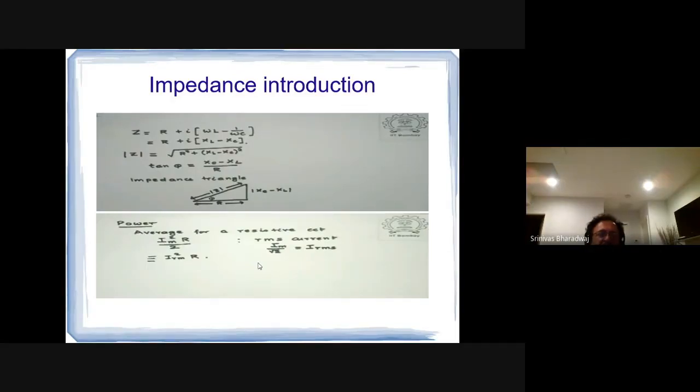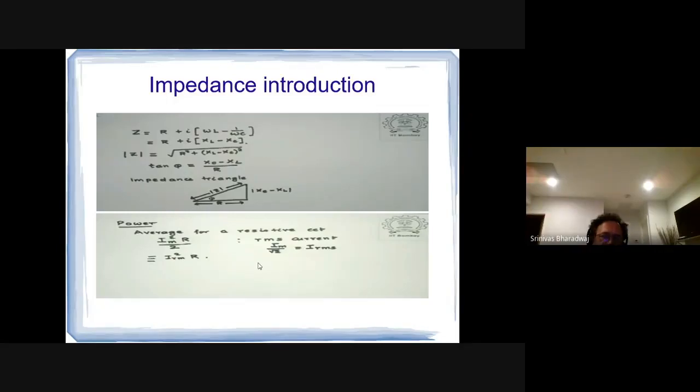Now, when you calculate the Z, you have R plus i times omega L minus 1 over omega C. The R is a real number, resistance is a real number, and the capacitance and the inductance give an imaginary number. Therefore, you have Z, which is the magnitude of the impedance.